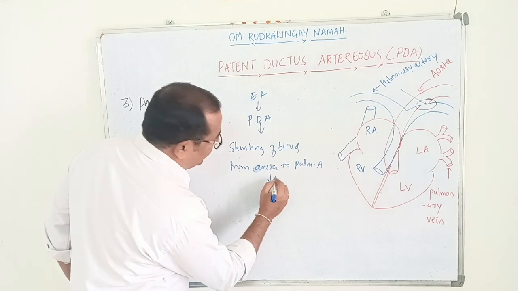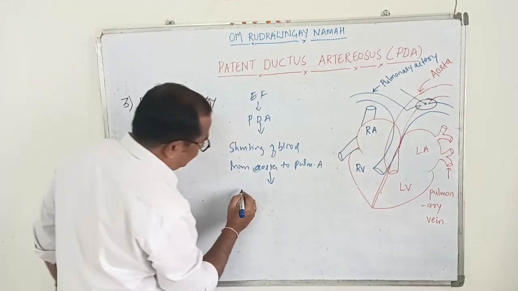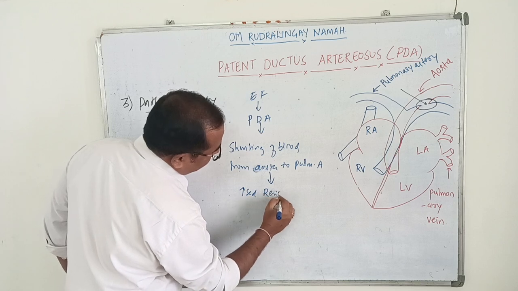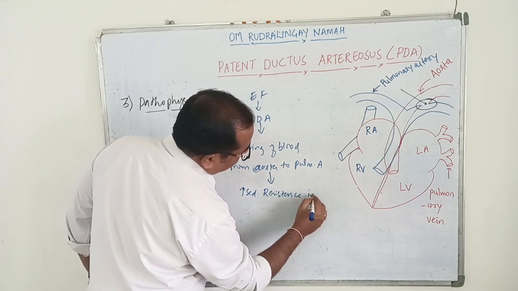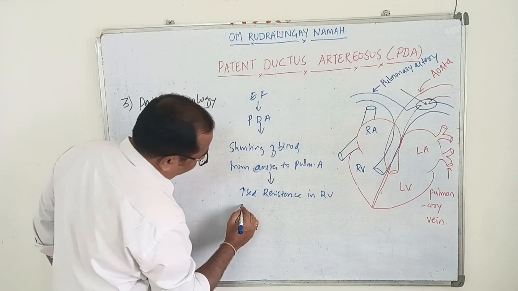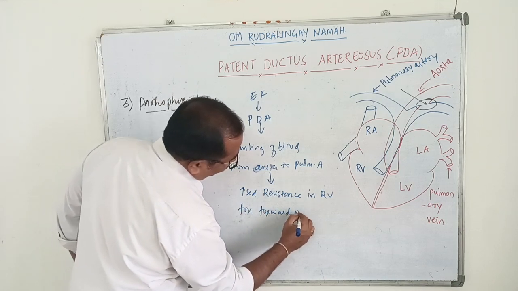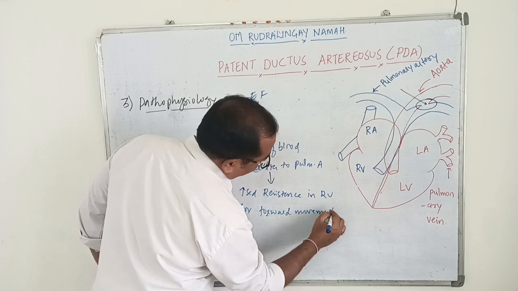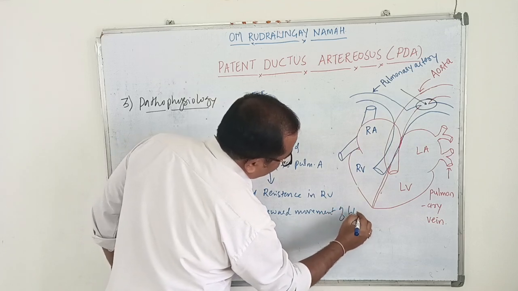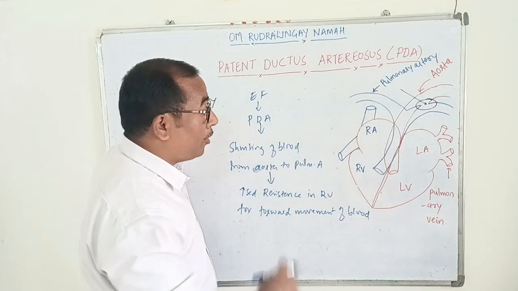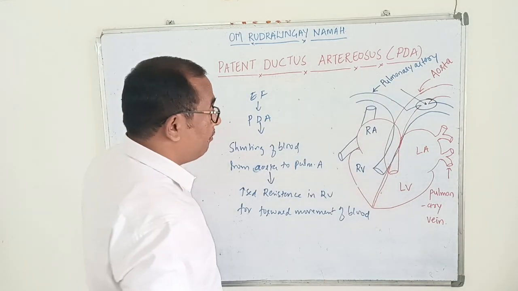So because of this, there is increased resistance in the right ventricle for forward movement of blood. Because there is a back flow of blood, there is obstruction of forward flow of blood from the right ventricle into the pulmonary artery.